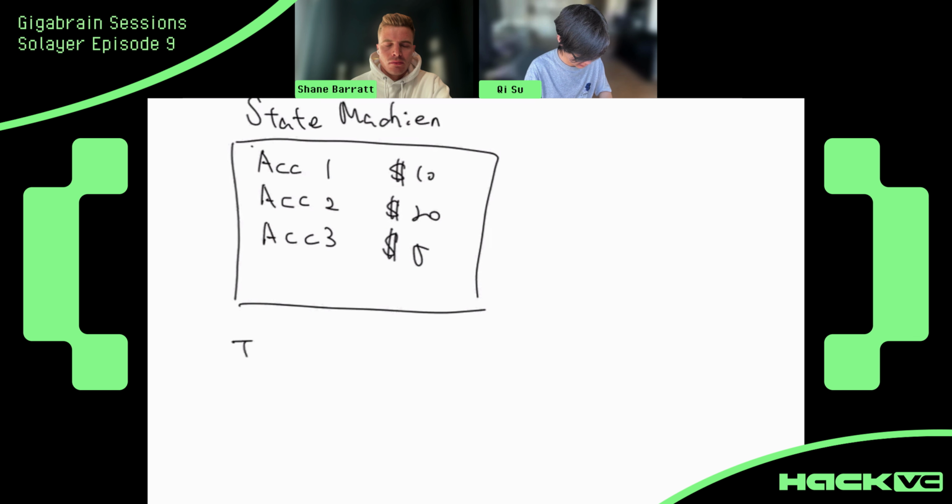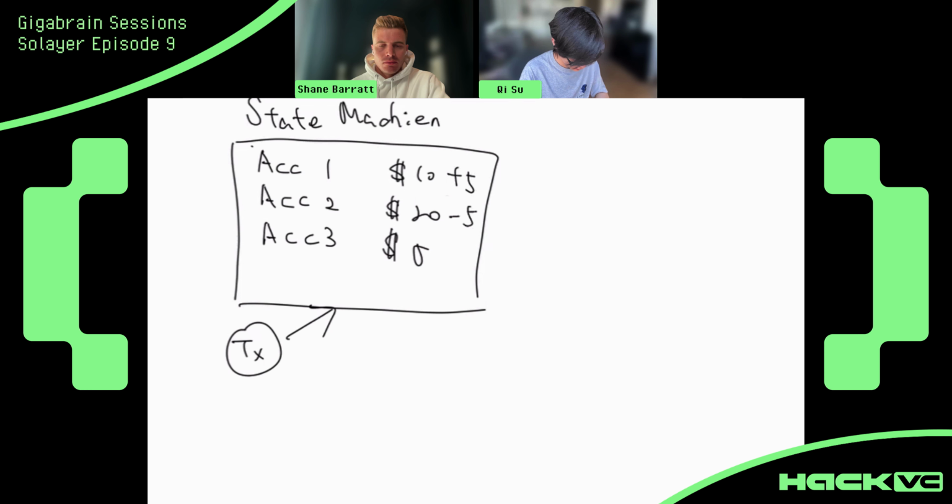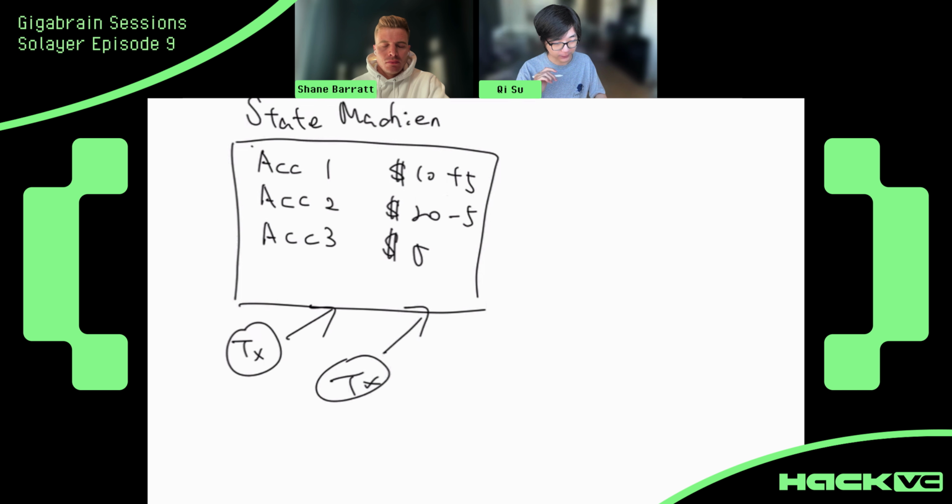So when you have a transaction, say the state machine wants to process it, it will read the transaction, parse the transaction, do what the transaction says, and do some operations on it, say +5, -5 here. And then there's another transaction that goes in, and it will do some other math. So that is a very simple form of blockchain.